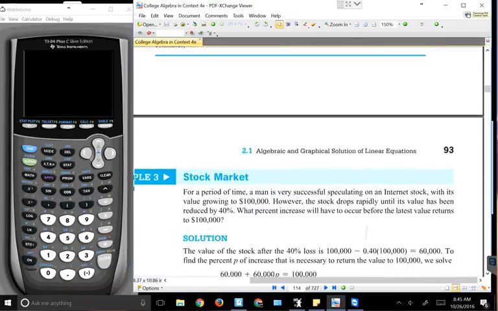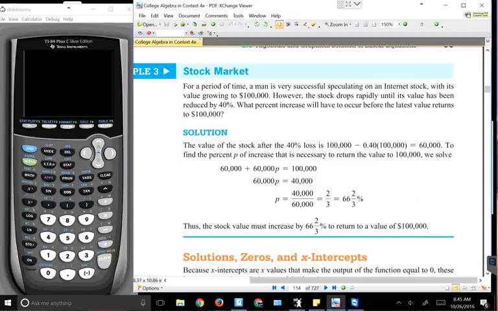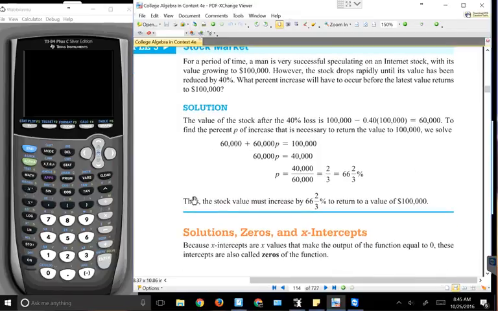So, stock market. It says, for a period of time, a man is very successful speculating on an internet stock, with his value growing to $100,000.